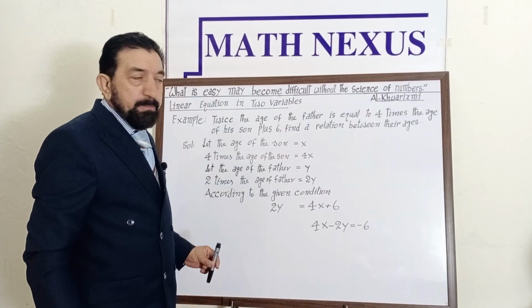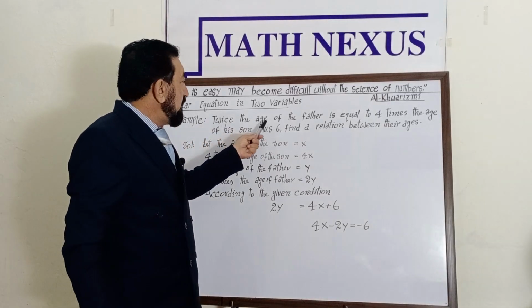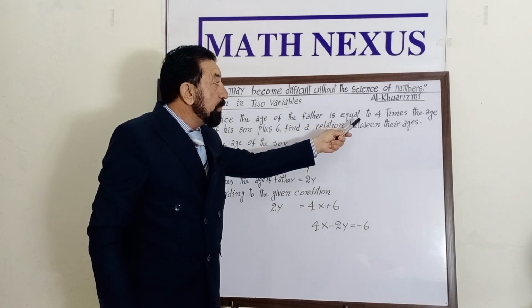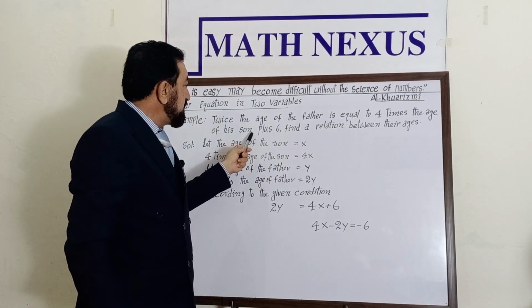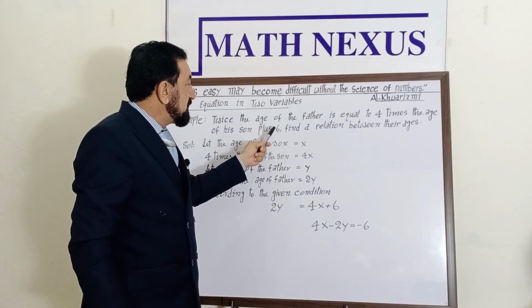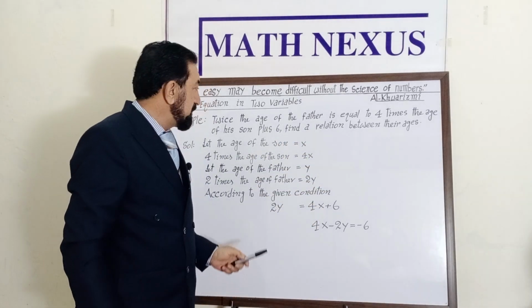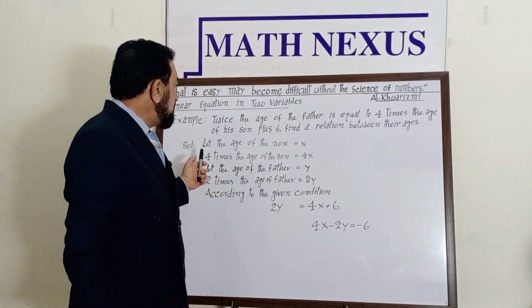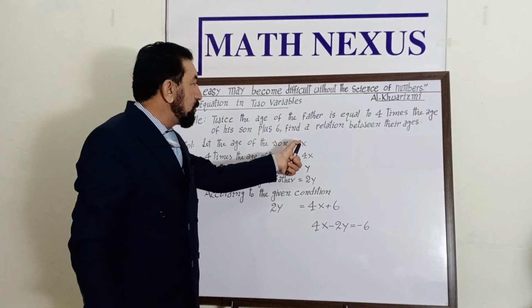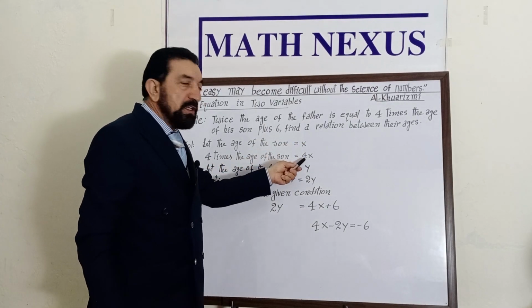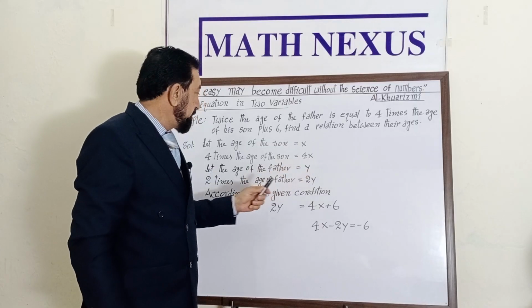Look at the example. Twice the age of the father is equal to 4 times the age of his son plus 6. Find a relation between their ages. Solution. Let the age of the son be x. 4 times the age of the son means 4x.